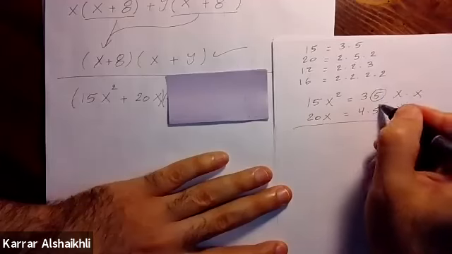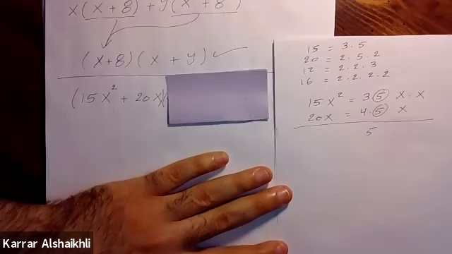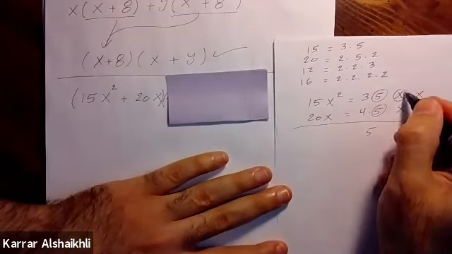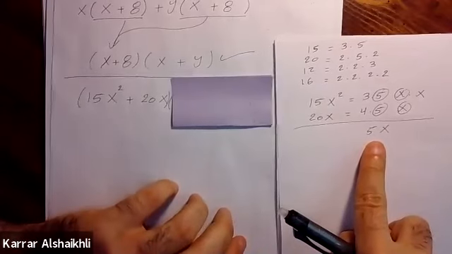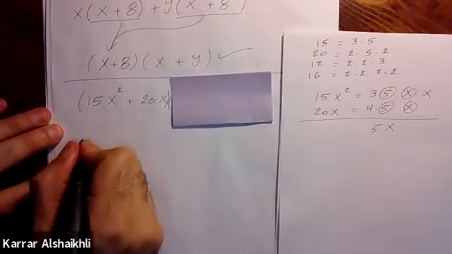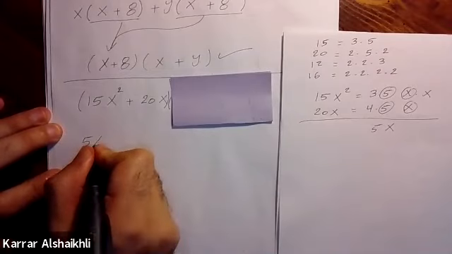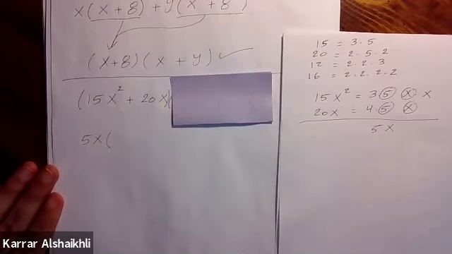The common factor with numbers is 5, so I'm going to write down 5, and with the variables it's x. So this is the GCF, okay? So I'm going to write down for the first 2 terms, 5x. Now, next step, you're going to divide.